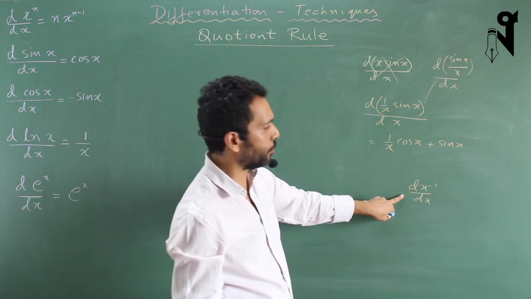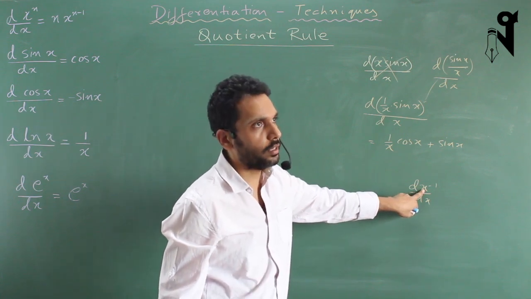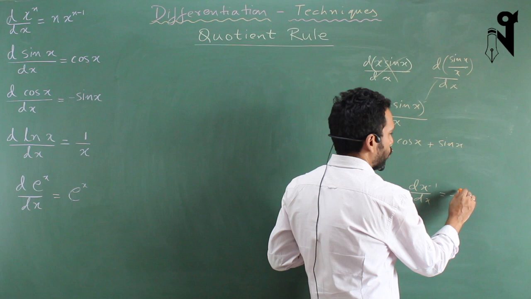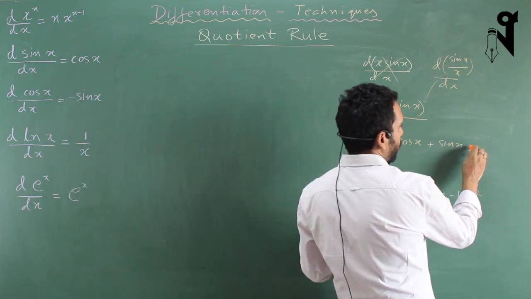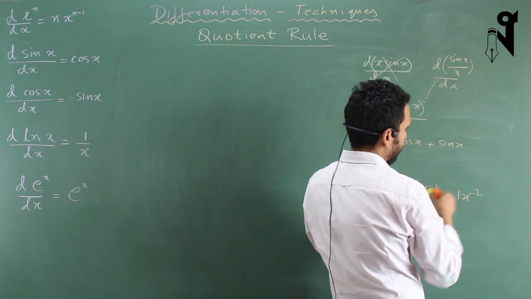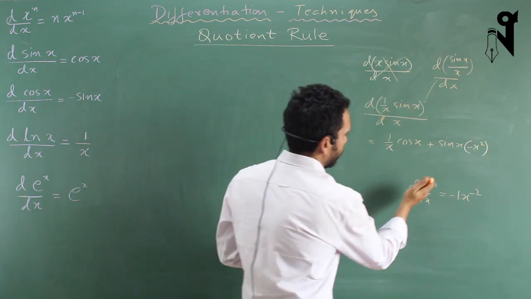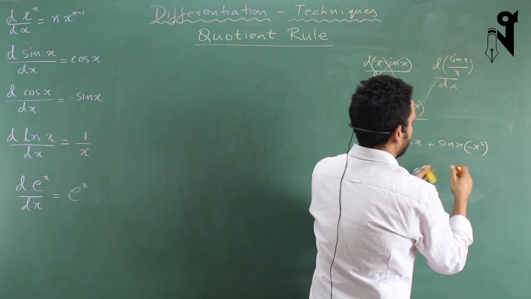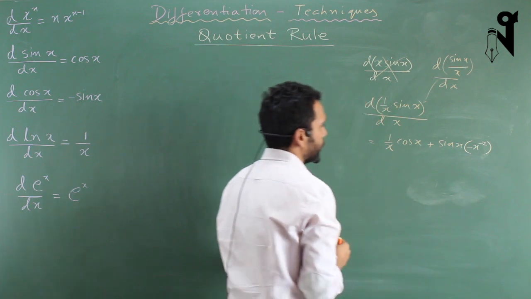That minus 1 comes in front and the power goes down by 1. So it is minus 1 x power minus 2. So you'll have minus 1 of x square multiplied over here.